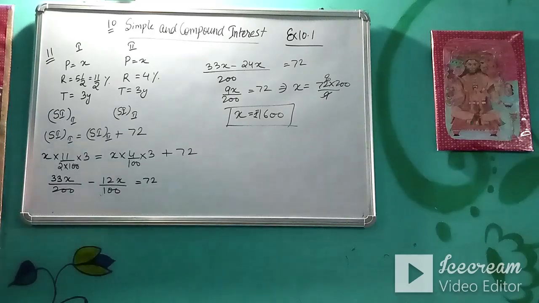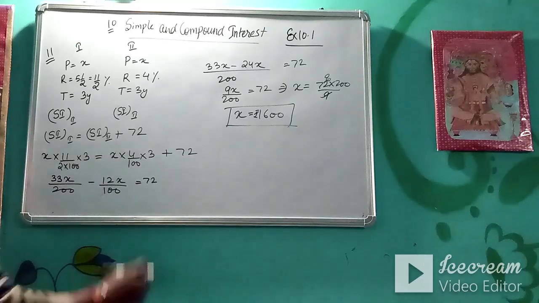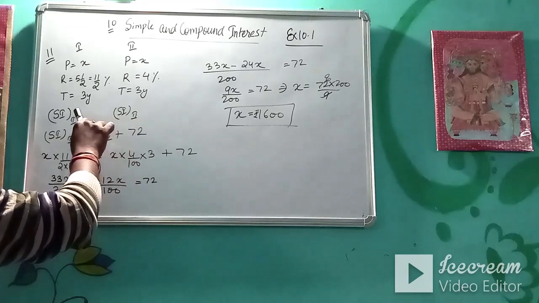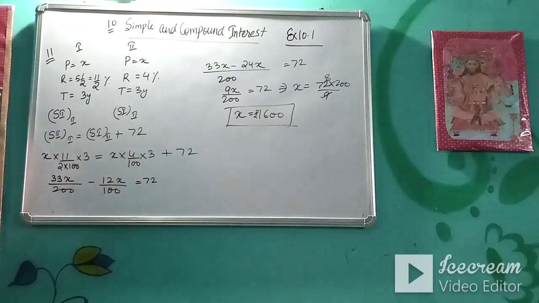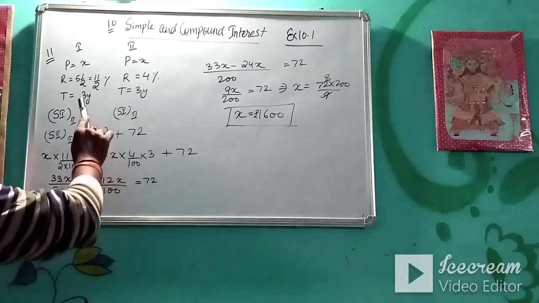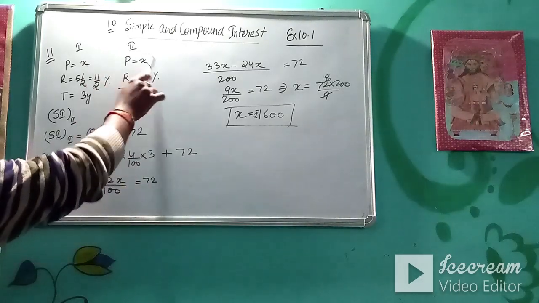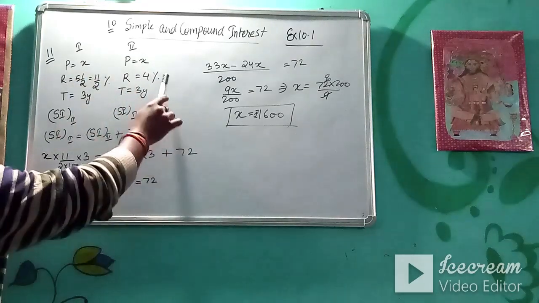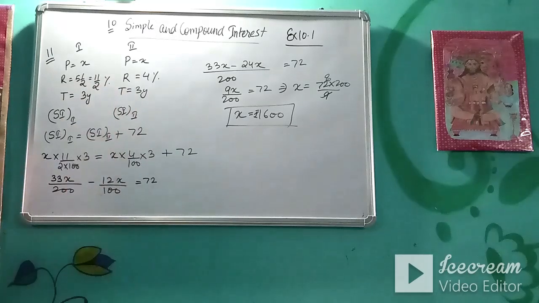As per the given conditions, the SI earned in the first case is 72 rupees more than the SI earned in the second case, and it will be so because the time is the same and the principal is the same, but the rate of the first is more than the rate of the second, so definitely more simple interest will be there.